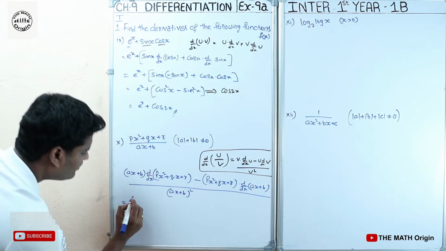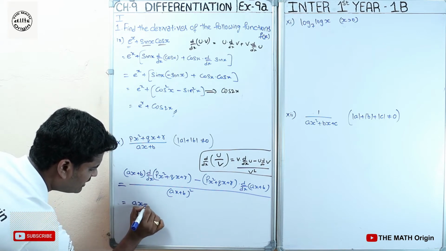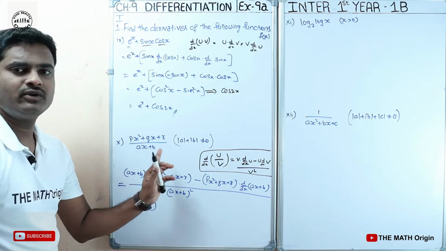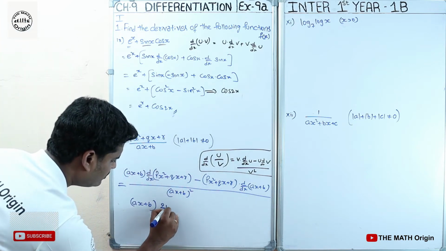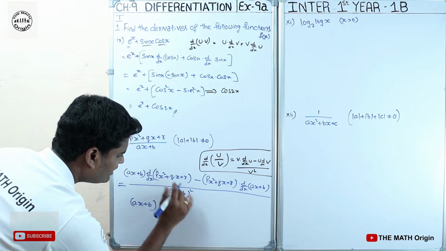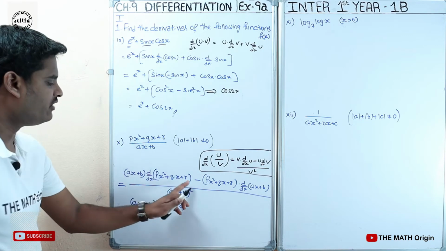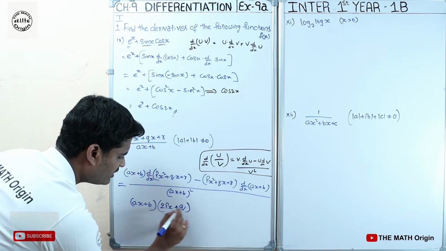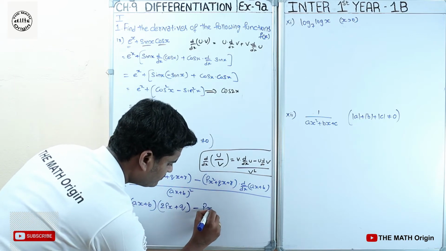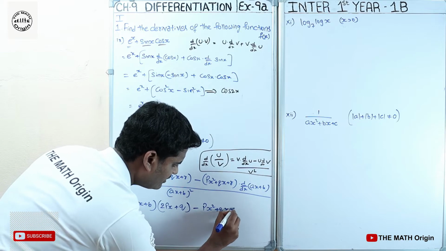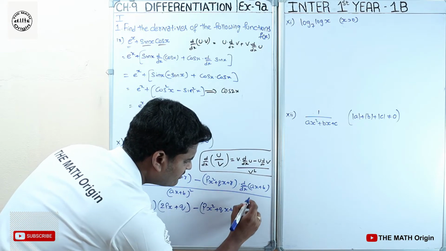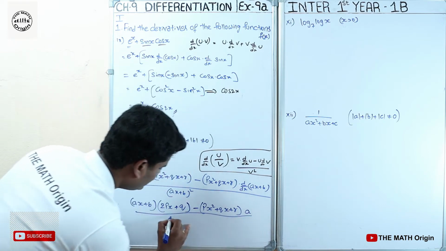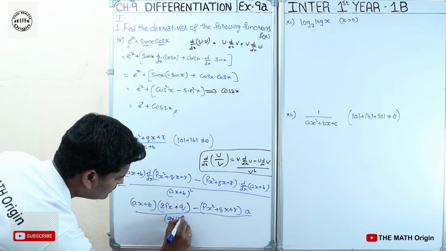Okay, let's derive it completely, which is equal to ax plus b into d by dx of px square, p into x square, which will be 2px, plus d by dx of qx is q, and d by dx of r is a constant value, so it will be 0, minus px square plus qx plus r into d by dx of ax plus b, which is a, whole divided by ax plus b whole square.